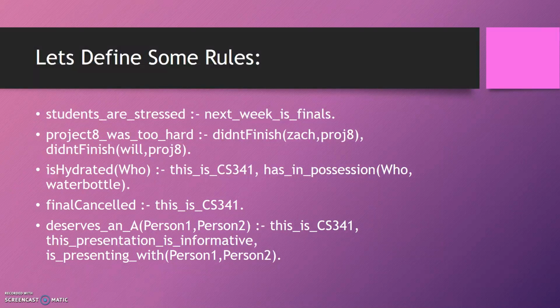The conditions are this is CS341 and has in possession, variable Who, and water bottle. Another rule is final canceled with the condition this is CS341. And the final rule is deserves an A with variables Person1 and Person2 with the conditions this is CS341, this presentation is informative, and is presenting with variables Person1 and Person2.